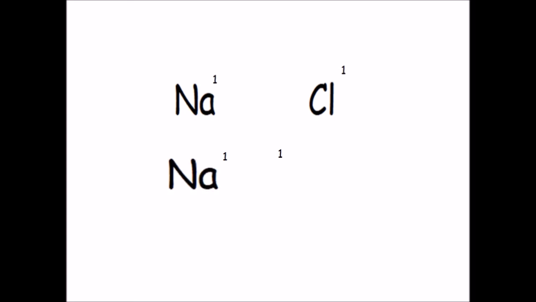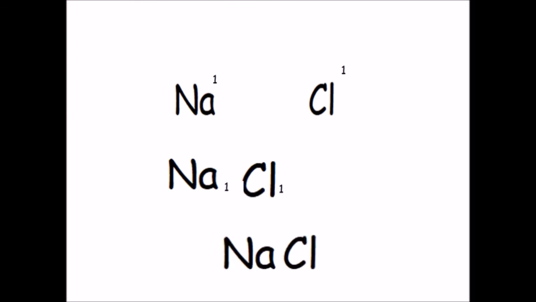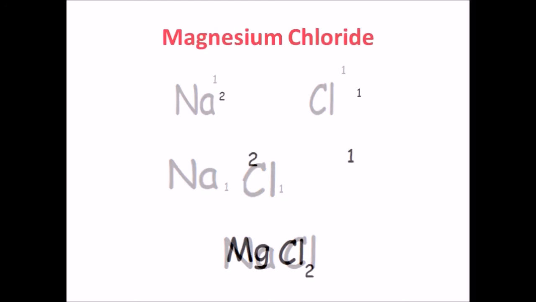Look at what we have next. They both have valency 1, 1, which they exchange, but it just remains 1, 1. We don't normally write it if it is 1, 1. So that is the formula of sodium chloride.